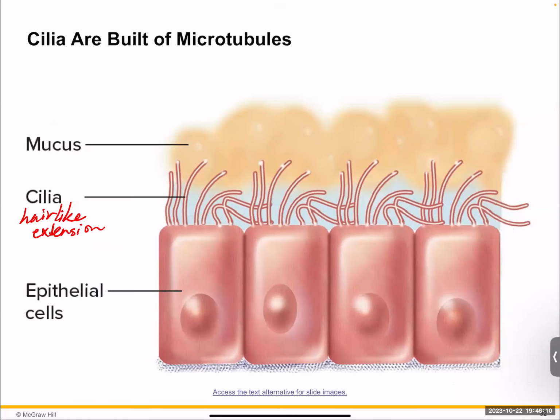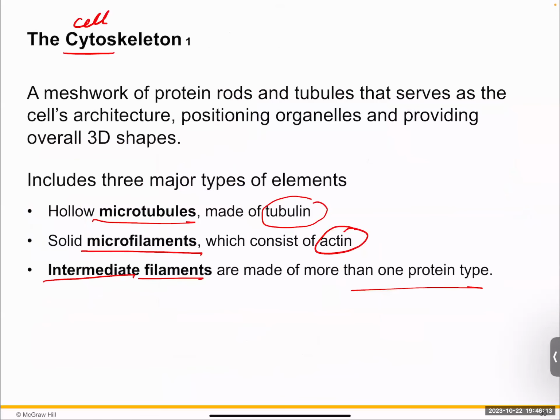Sorry, I didn't include the other things. The microtubules and intermediate filaments are important in keeping the 3D shape of the cells and positioning the organelles, as well as moving the organelles from one position to another. So I'm going to add that, moving organelles.